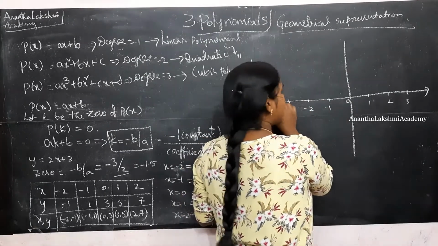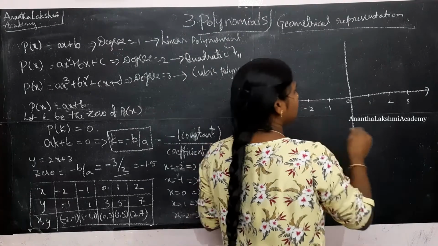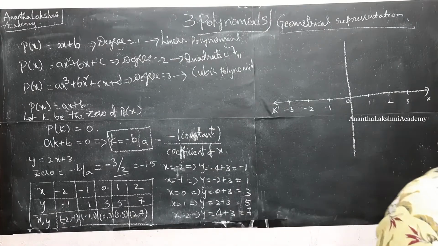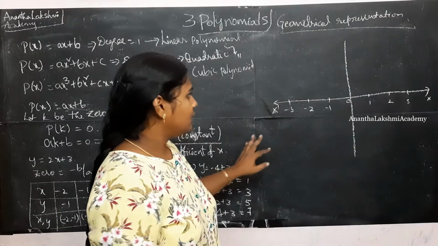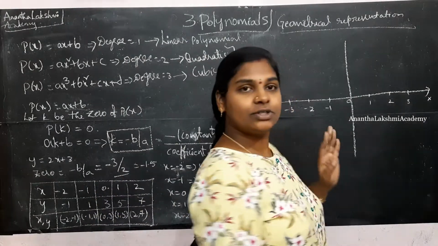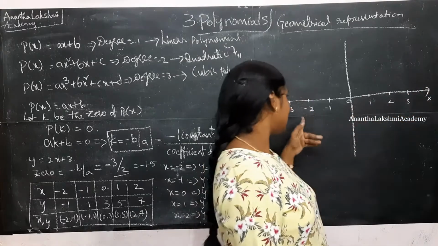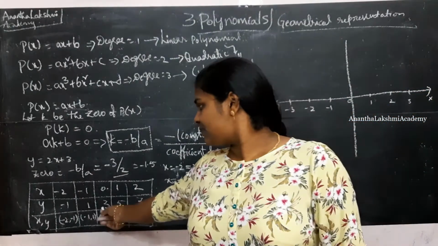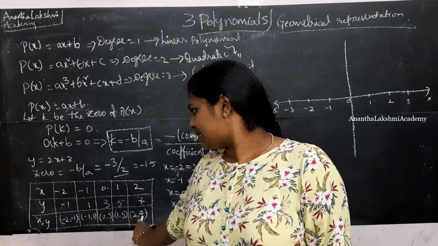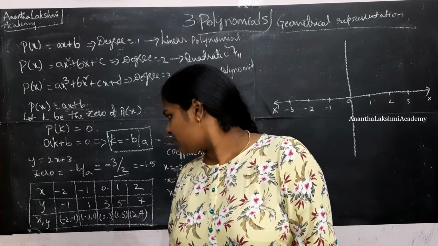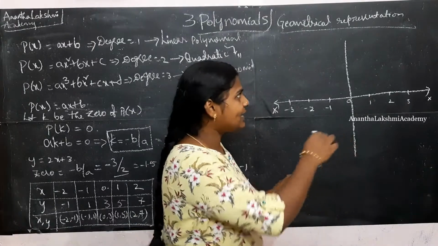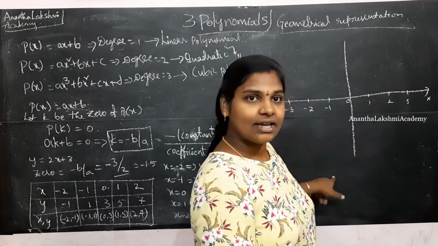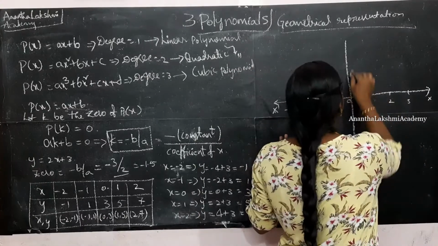This is x dash. So I'm trying to cover the minimum and maximum values on the x-axis, which is -2 and 2. But here on y-axis we have the maximum value as 7 and minimum value as -2. So on y-axis the negative part is on the lower side and the positive part is on the upper side, isn't it?